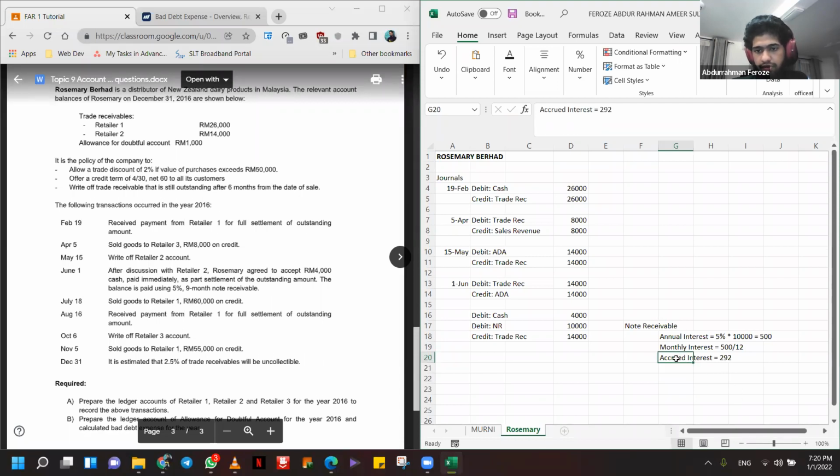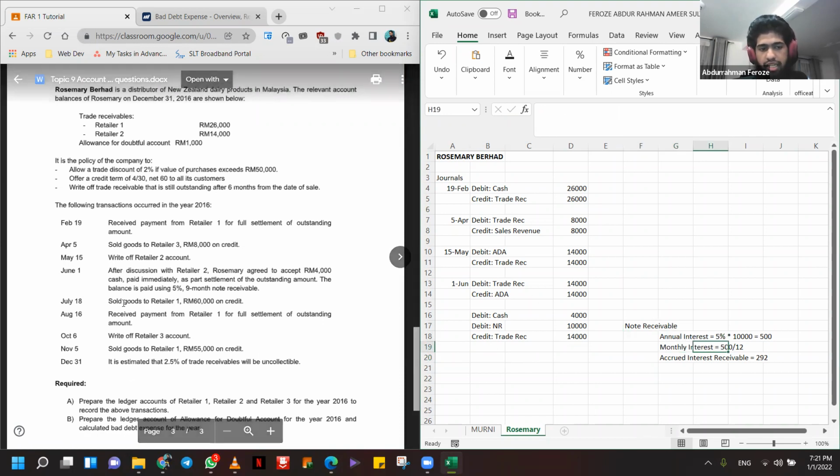So this is the accrued interest receivable. Like we did for the last question, we can show this on December 31st. So let's leave this for now, and when we come to December 31st, we'll show that.